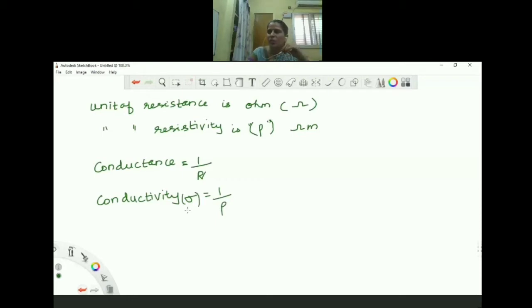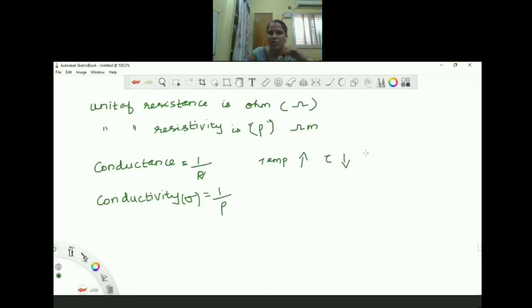Now let's see some important factors here. What will happen when the temperature increases, whether the resistance will increase or decrease? When temperature increases, the relaxation time tau decreases.